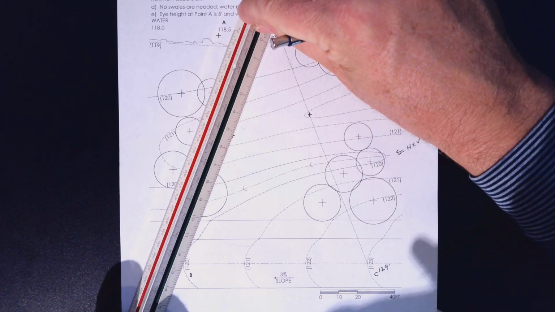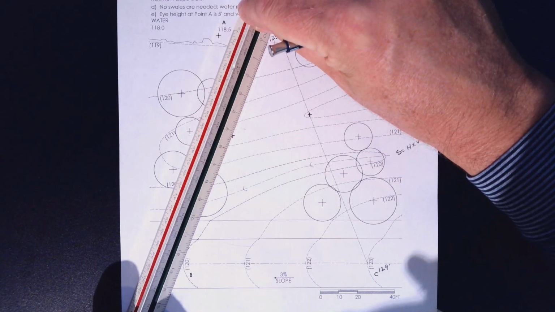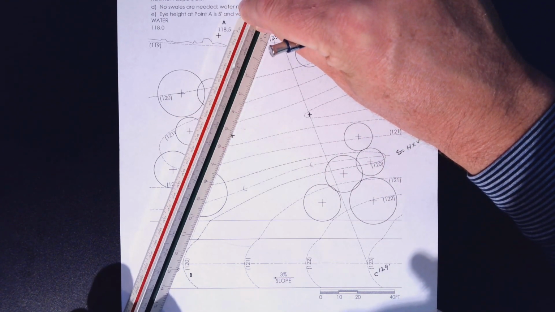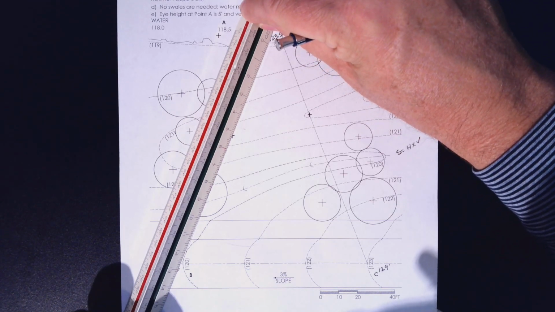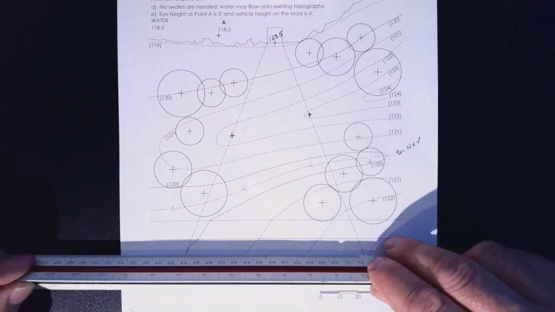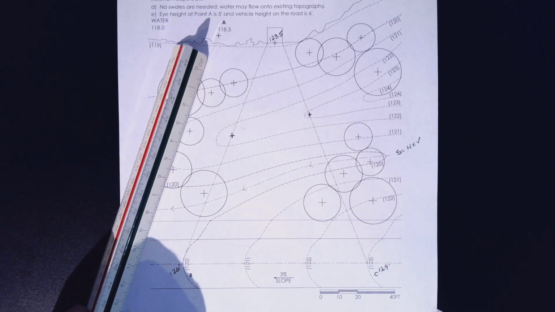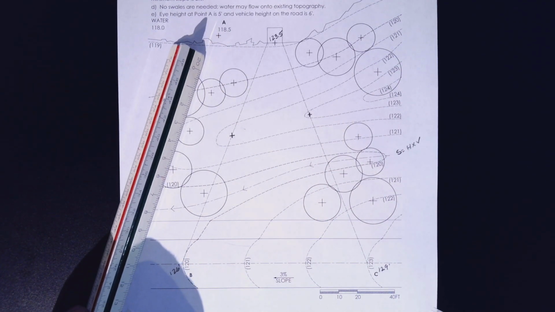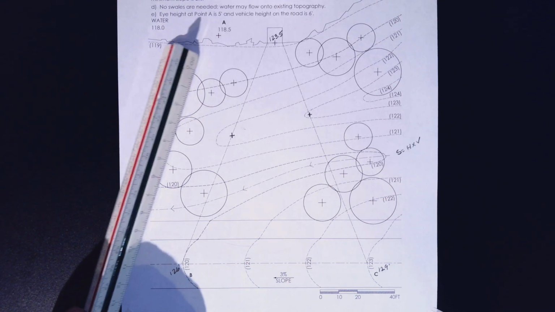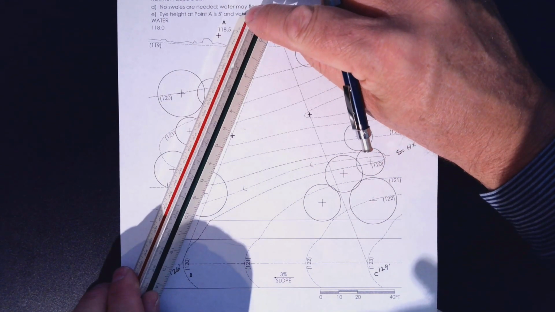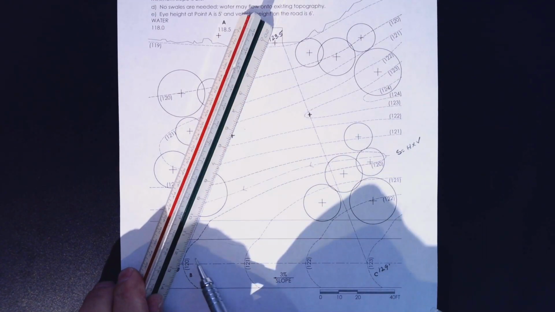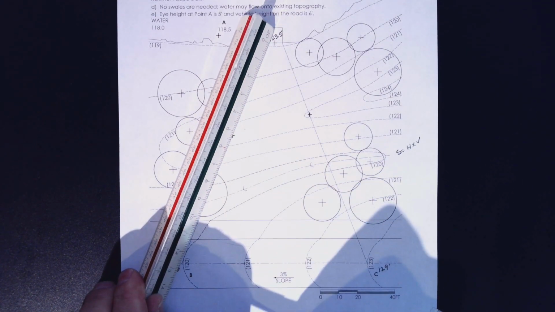Get that right on there. Is the scale right? Yep, that scale's correct. So A to B is actually 127 feet. 125, 6, 7.